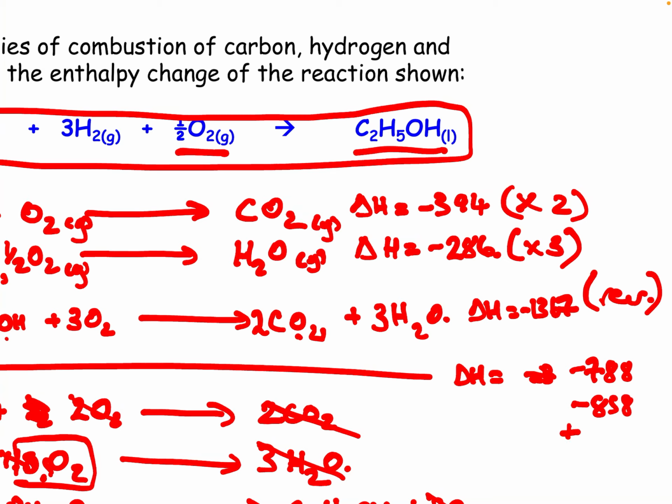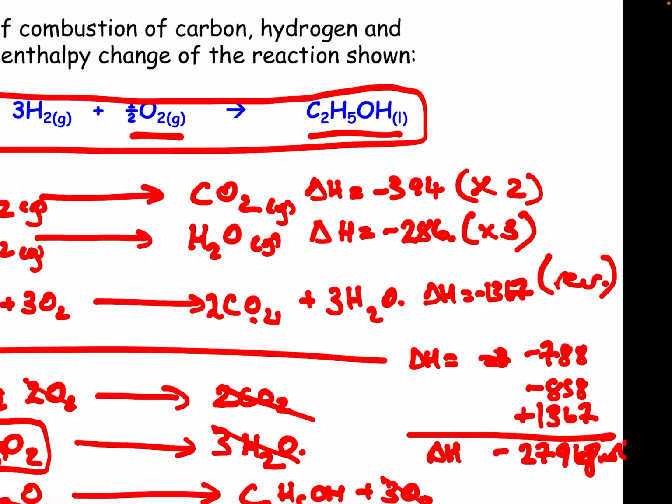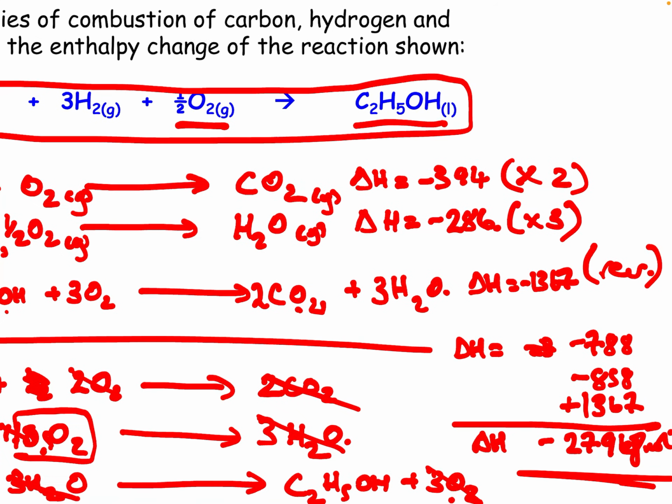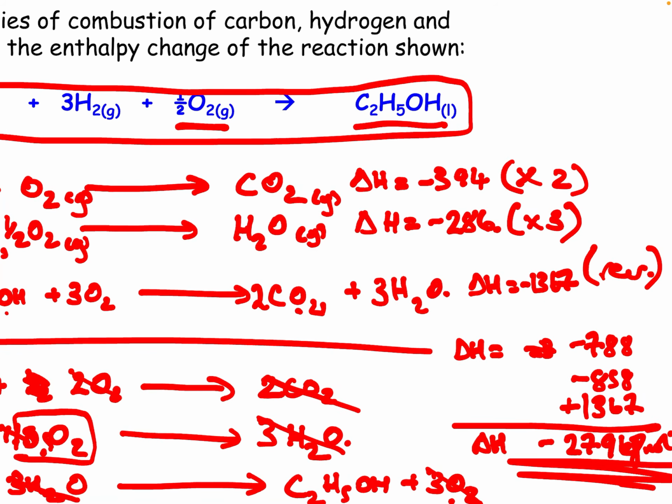And then that's just going to be plus 1367. So in total, the total enthalpy change is going to be minus 279 kilojoules per mole. And you can double underline that because that's your answer.